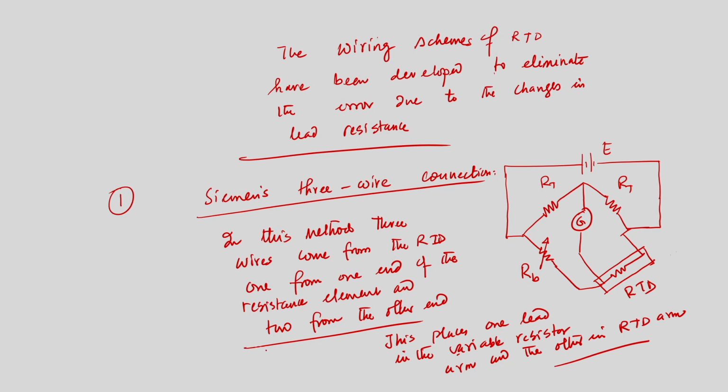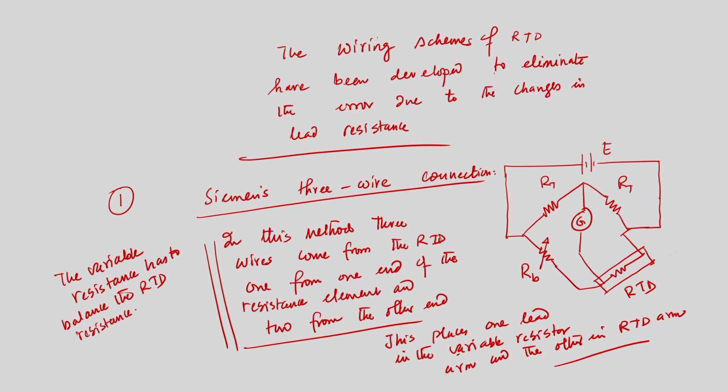What we can see in this case, importantly, is that the variable resistance only has to balance the RTD resistance; the lead resistance balances automatically.